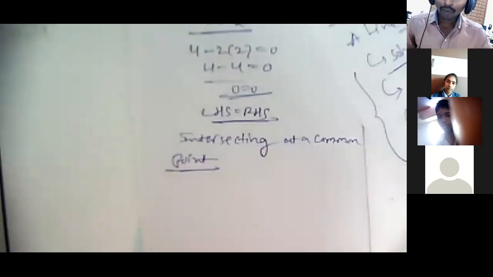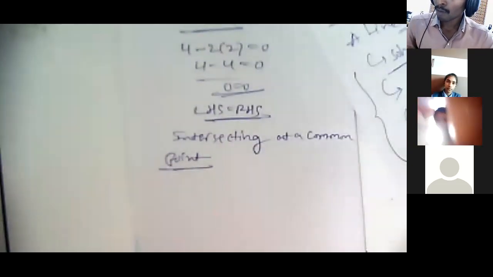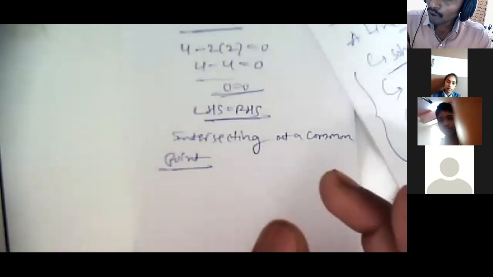If two lines are intersecting at a common point, that common point value satisfies both the equations. Clear? I will continue in the next class.